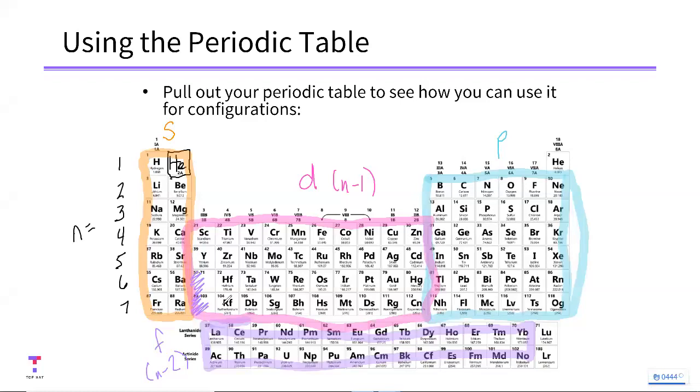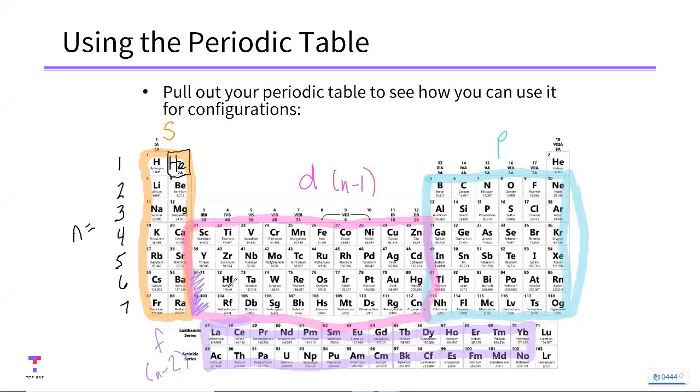Now, why did I not highlight lutetium and lawrencium? Because if you actually count, there are 15 elements in this block here. 2 of these elements actually belong in the D block. Why are they presented down here? Source material.